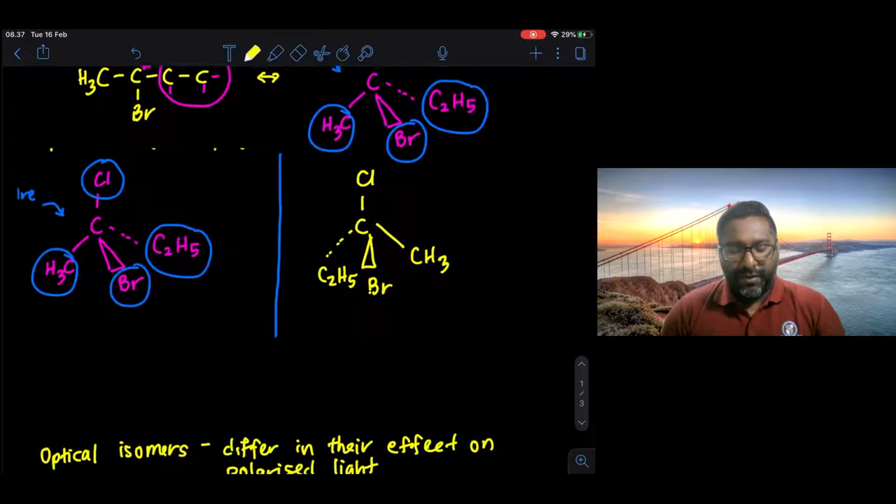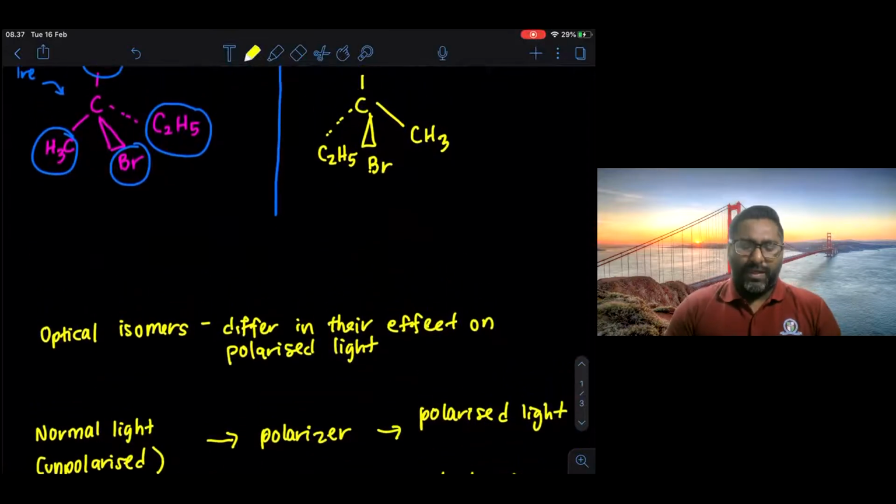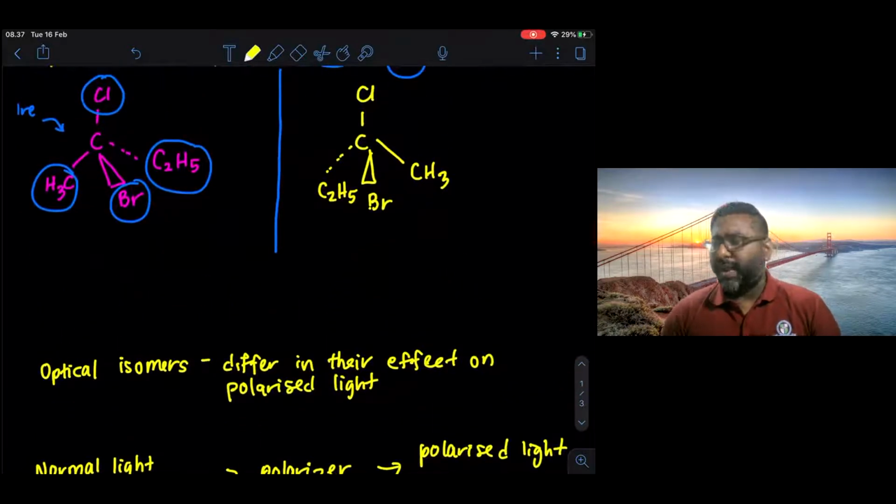Now, generally, what is an optical isomer? An optical isomer is a type of stereoisomer, apart from the geometrical isomer that we have learned earlier, which is cis and trans. Optical isomers have the same atoms attached to the molecule, but a different arrangement in space.